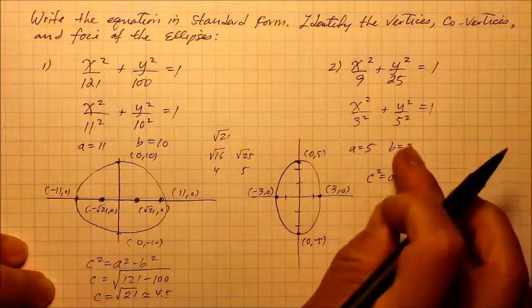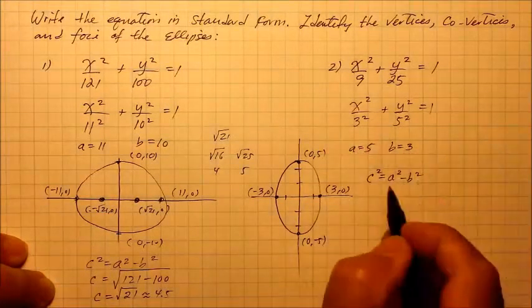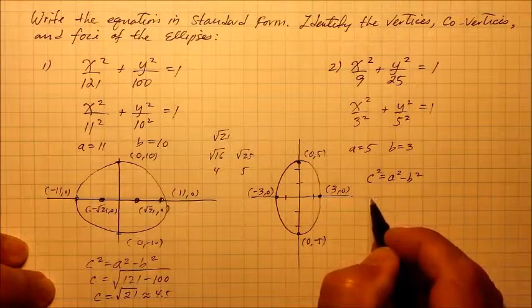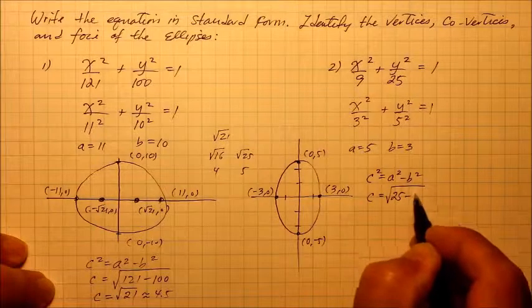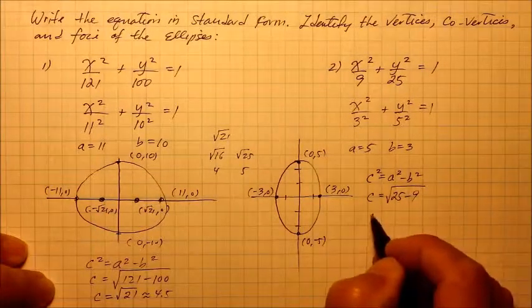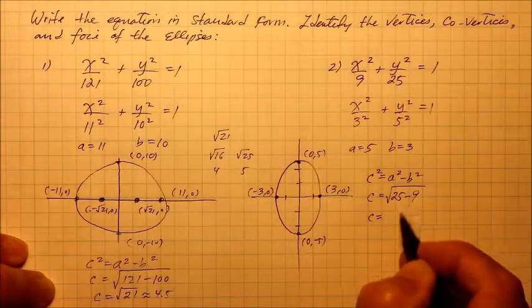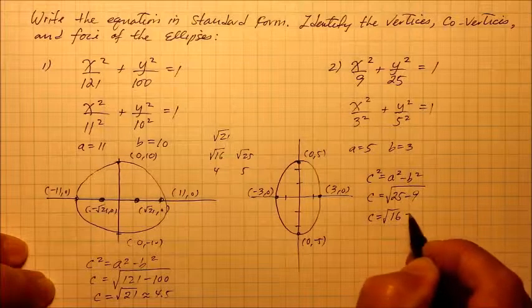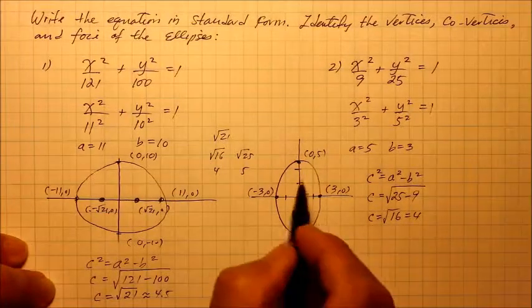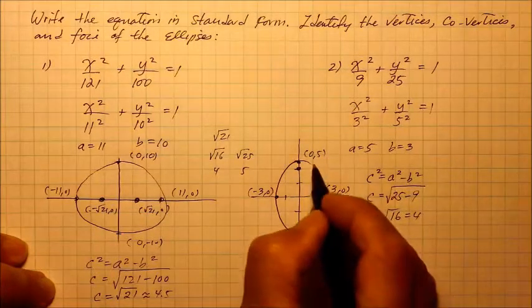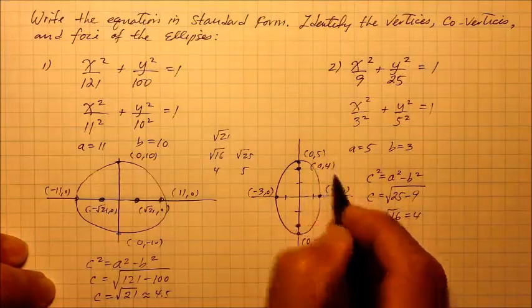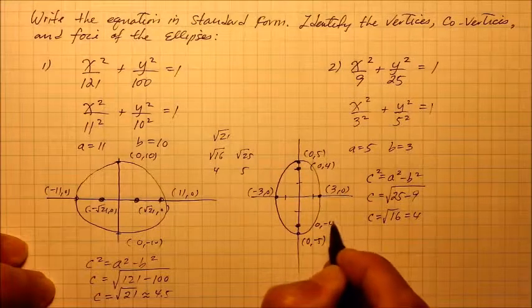And now you see why we have to flip them around. The bigger number always becomes the a. So c equals the square root of 25 minus 9, and 25 minus 9 is 16, a perfect square, which is 4. So the foci are at 0, 4 and 0, negative 4.